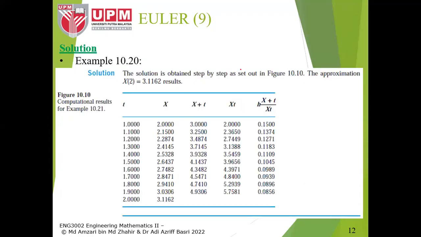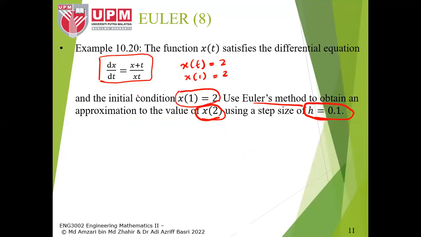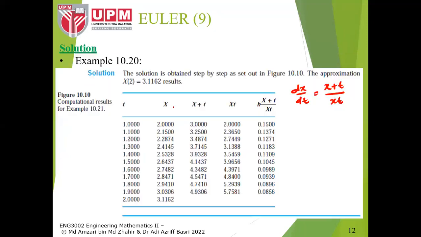What you need to do now: we know that our function is dx over dt equal to x plus t divided by xt. You need to create your table for t. We start with the first one. When t equals 1, the x value is 2. Then you calculate x plus t, which is 2 plus 1, you get 3.